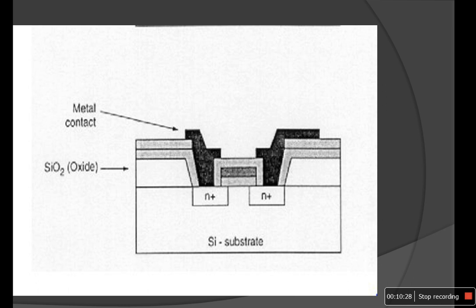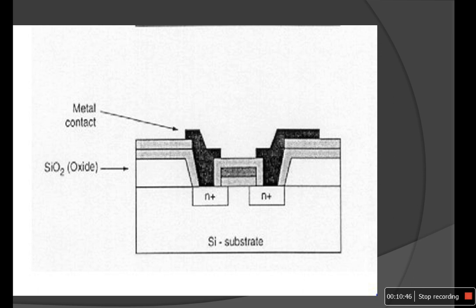If you observe this circuit, here is the silicon substrate, after that the n plus layer, and the epitaxial layer. Here is silicon dioxide, the silicon dioxide layer from step 3. It is used to prevent the diffusion of impurities.